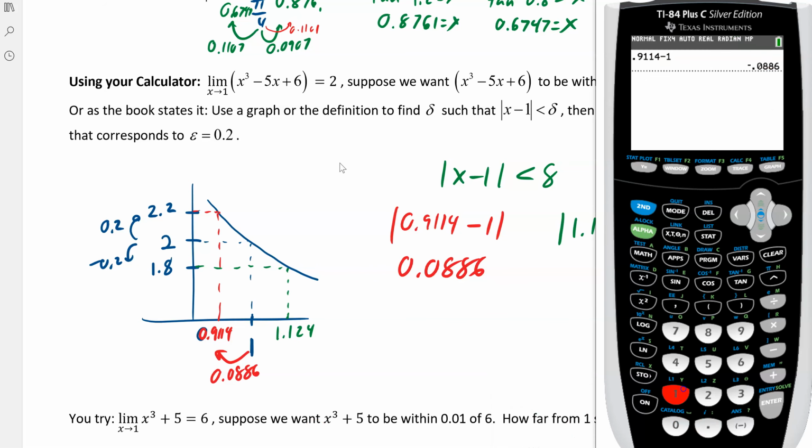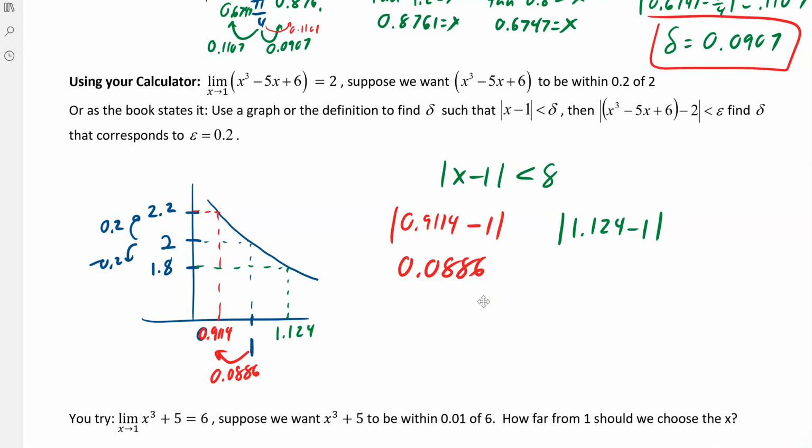All right, so now 1.124 minus 1 is really bigger. So 0.124. And so obviously our delta here is 0.0886.